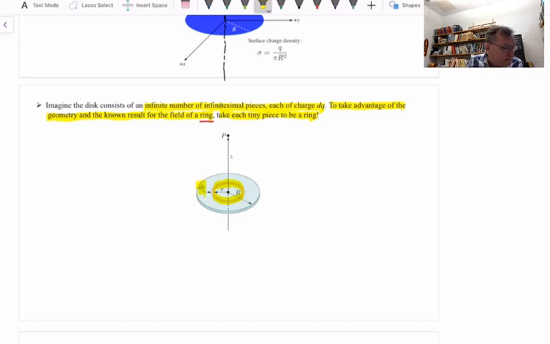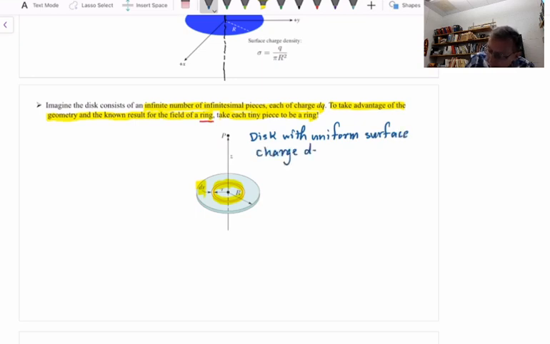Okay? All right, now, this whole disk, of course, has a surface charge density sigma. So we have a disk with uniform surface charge density sigma in Coulomb per meter squared.